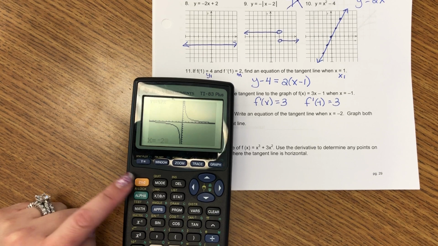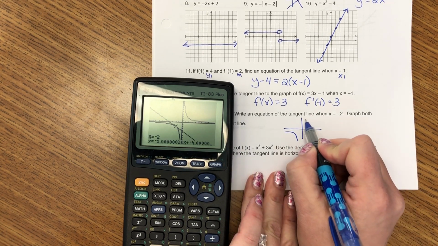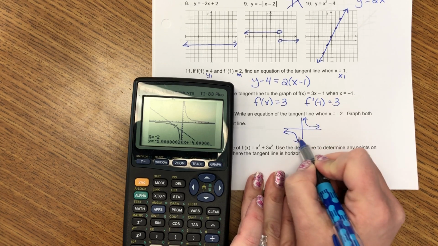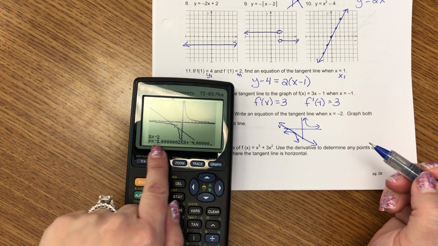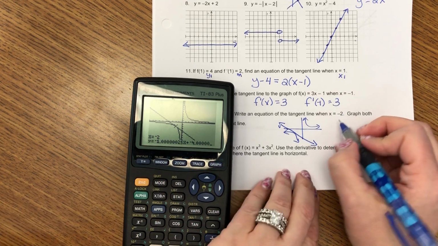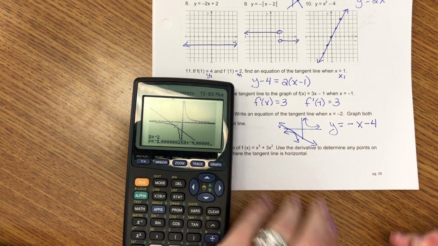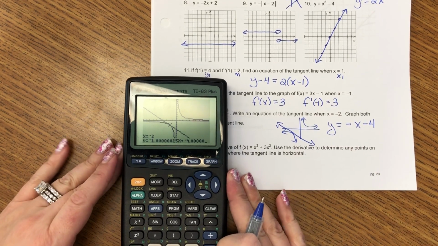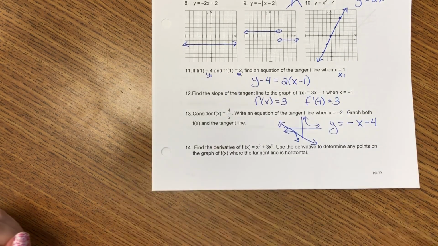So I hit -2, enter. Here's our graph. Here's the tangent line. And then you have to round this equation appropriately. That's going to be -x minus 4. Don't put all those decimals. You have the brain, the calculator does not.